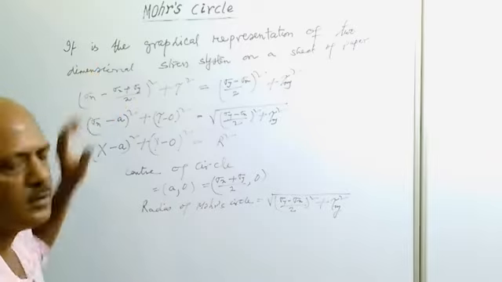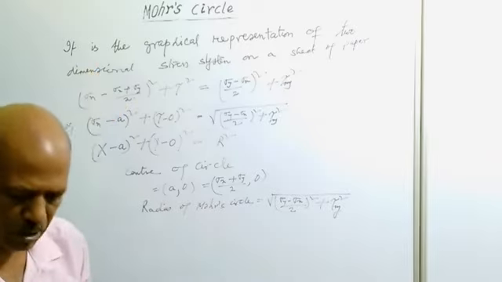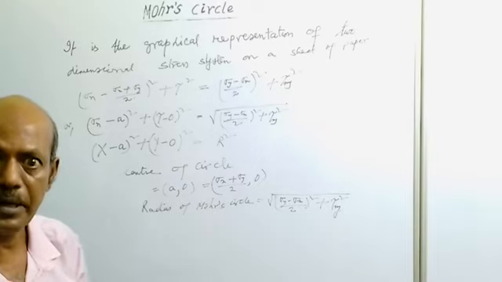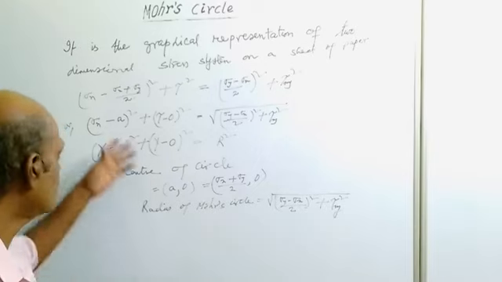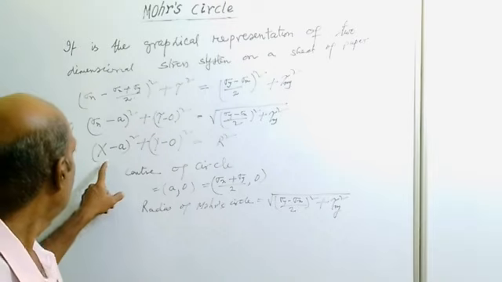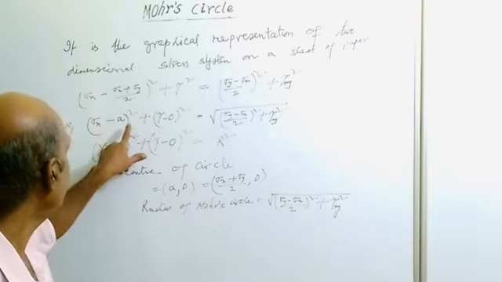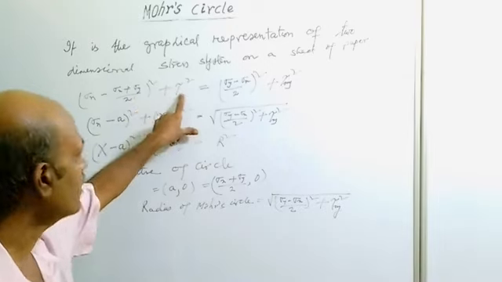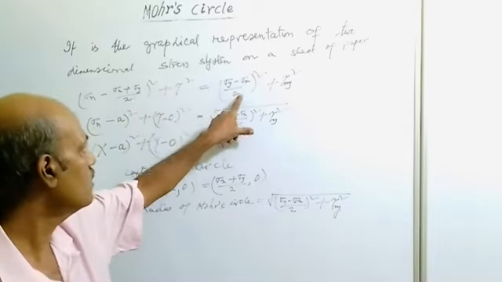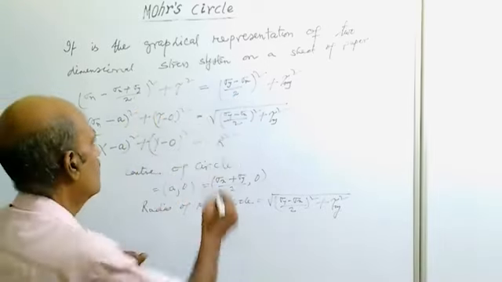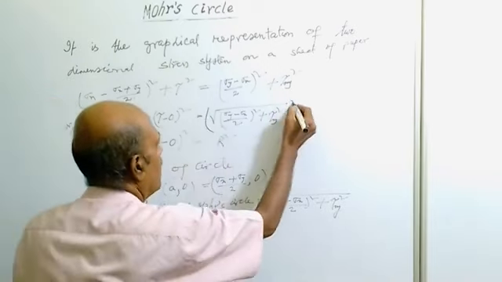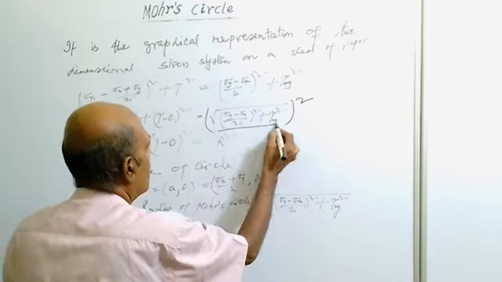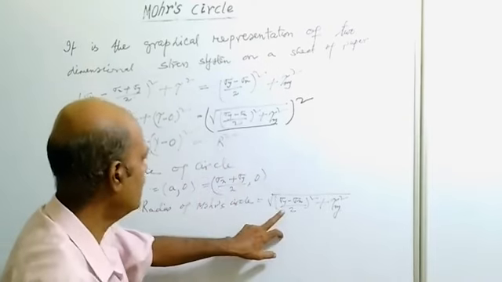So that means the two equations we have got, that is sigma n and tau on the inclined plane, if we add these two equations by squaring and adding, (sigma n minus (sigma x plus sigma y)/2) whole square plus tau square is equal to r square. So this value r is given by this.